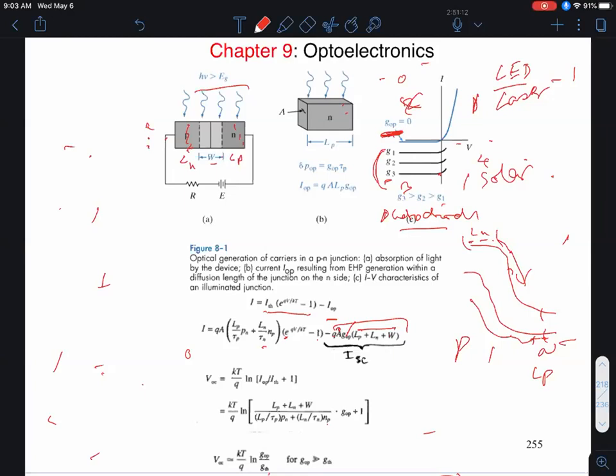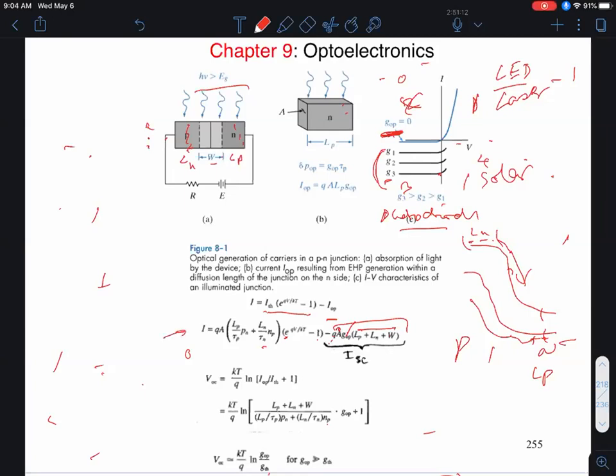So G optical gives you the number per centimeter cubed per second, times the volume gives you number per second. But then to get the current, you have to multiply that by the charge of the electron, which is minus q, which is what you get over here, okay?